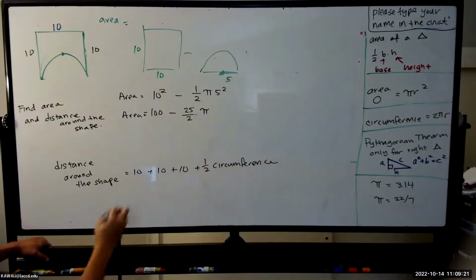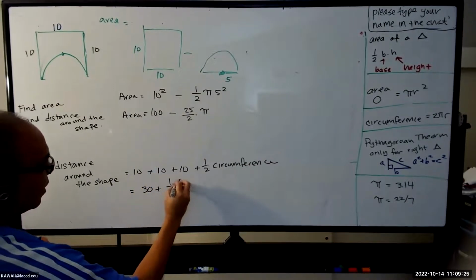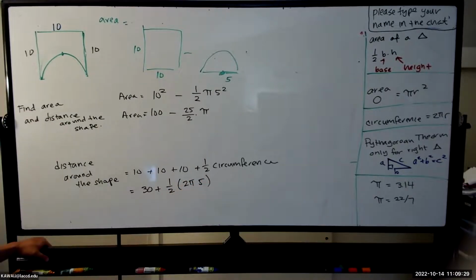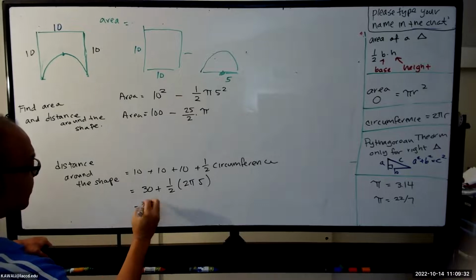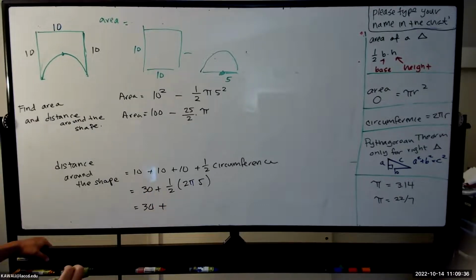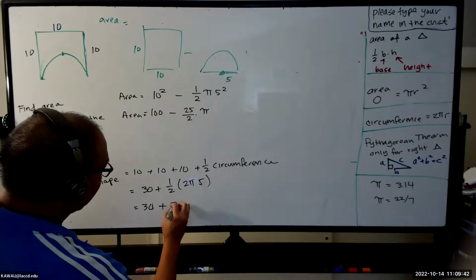So it's equal to 30 plus 1/2 2 pi, and then r is going to be 5. So it's going to be 30 plus 5 pi.